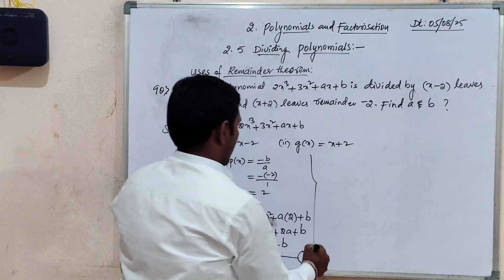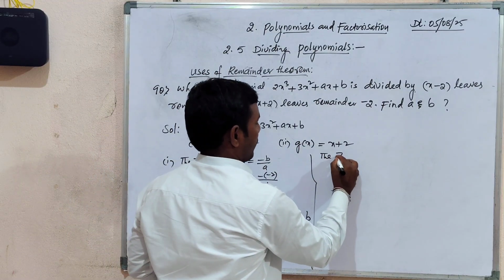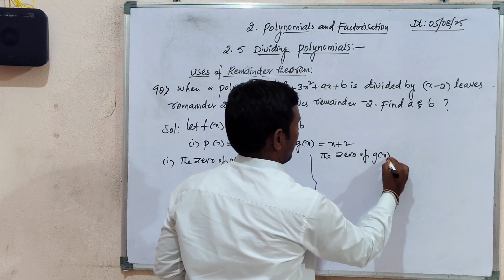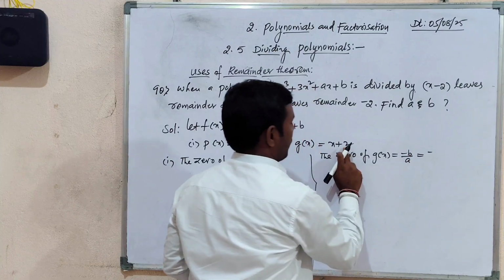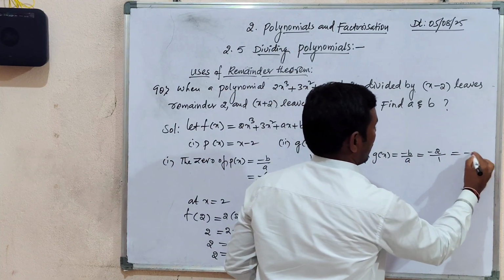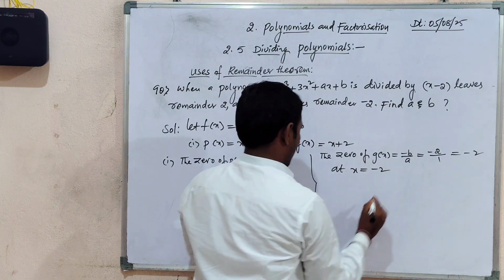Similarly, the second one also. The zero of g of x, formula is minus b by a, minus b position is 2, a position is 1, nothing but minus 2. Now x is equal to minus 2.